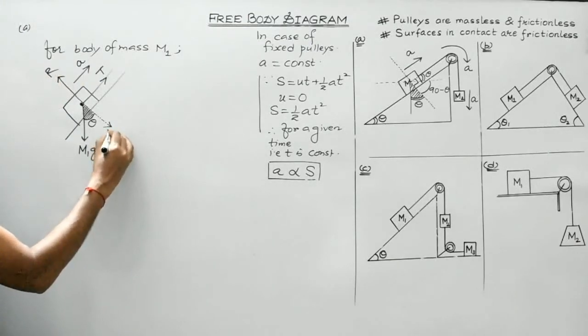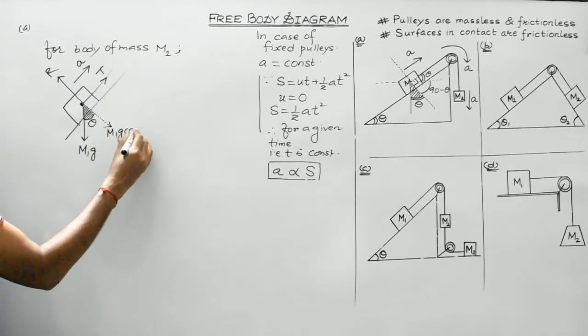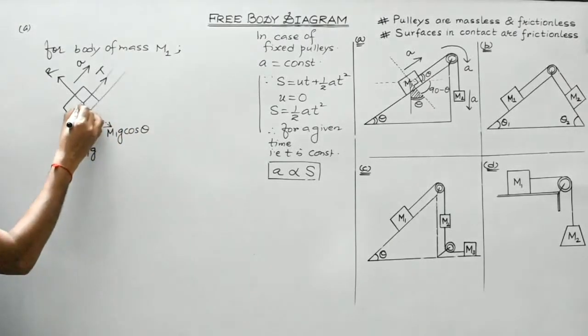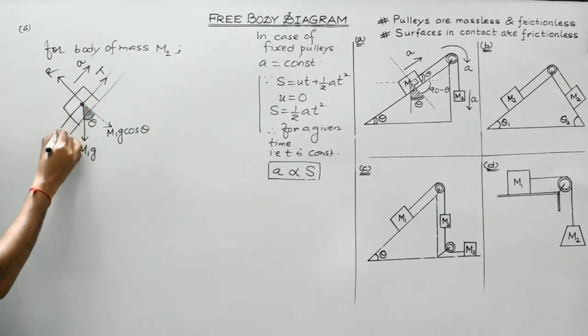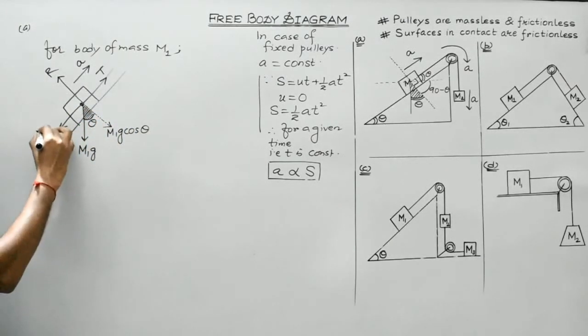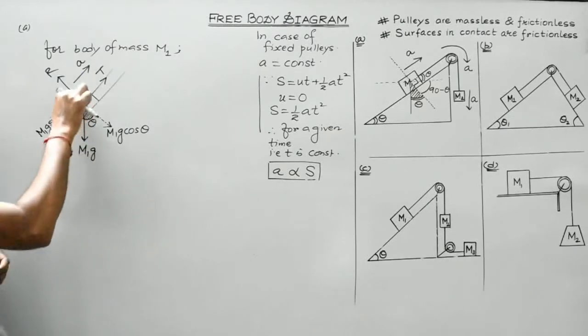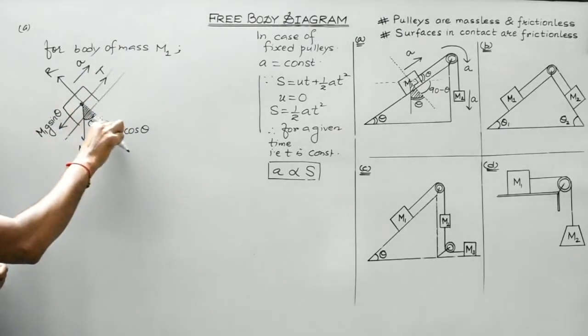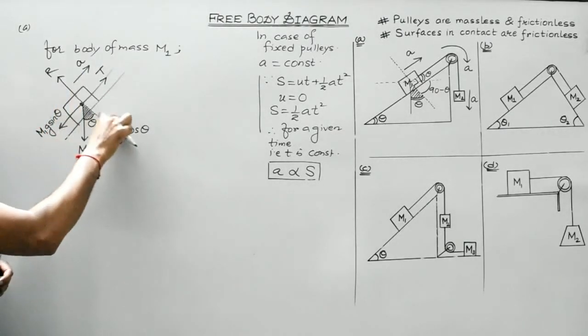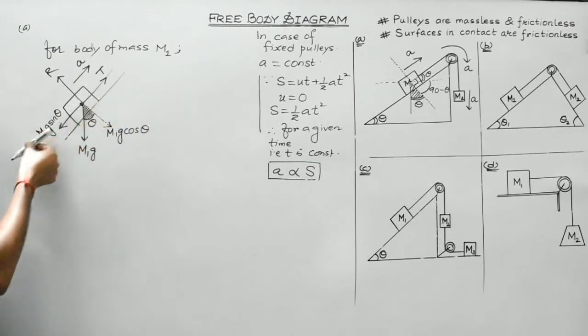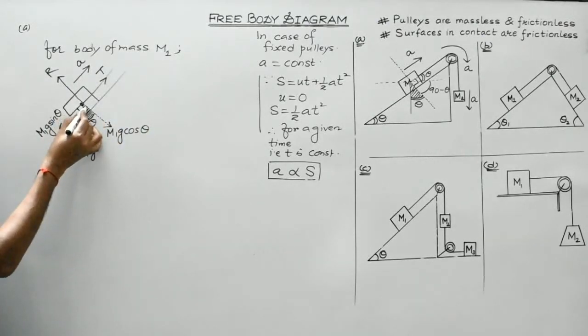This component would be m1g cos theta, while the other component would be m1g sin theta. Isn't it? So m1g has been resolved into two perpendicular components, right? One in a direction opposite to the reaction, the other in a direction opposite to the tension.